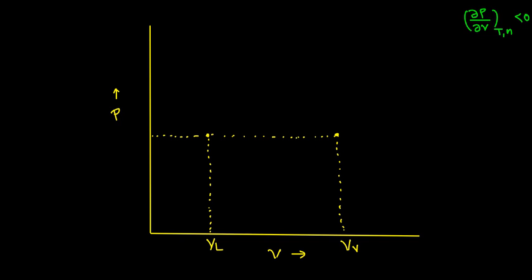So what I say is that at these 2 points the system is at equilibrium, but if I deviate the system from this, then what should happen?